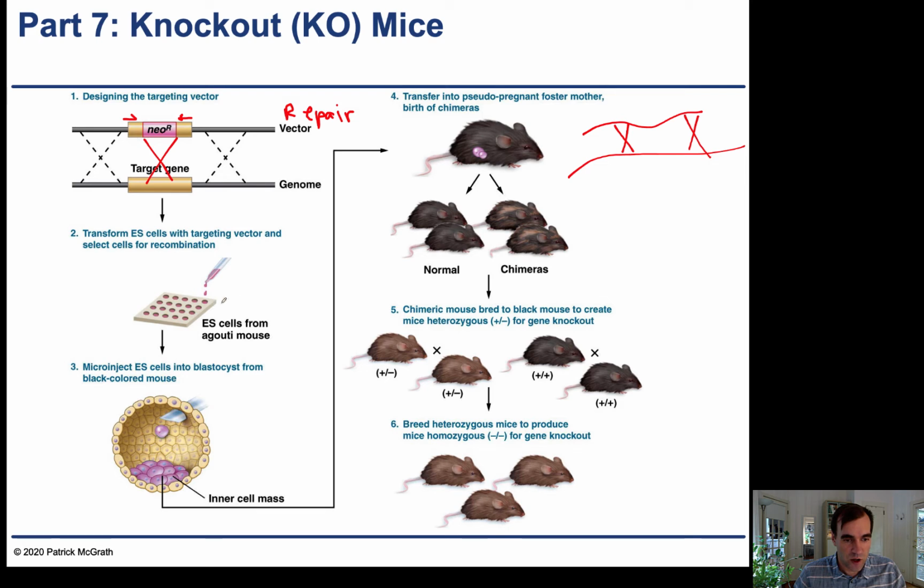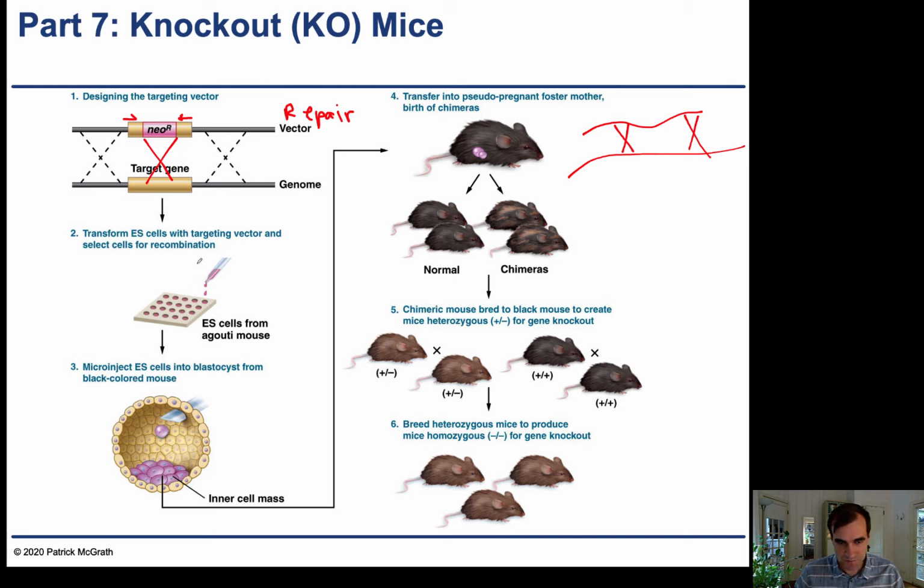You will inject and transform the cells with this DNA, and then you can use the neomycin cassette. This is something that you can add, very similar to antibiotics that will normally kill the cell. And so the cells that manage to take it up and actually recombine will produce this resistant protein that confers resistance to this drug.